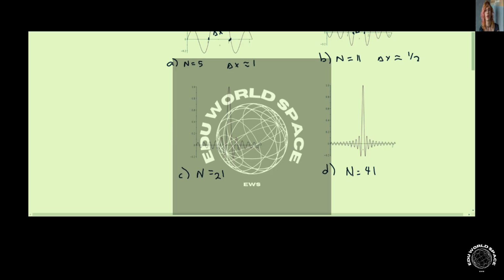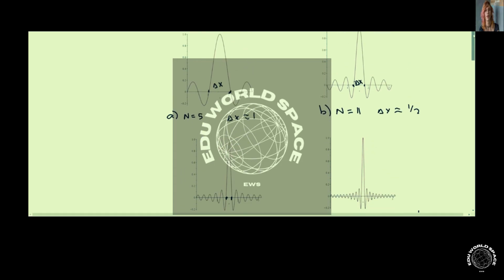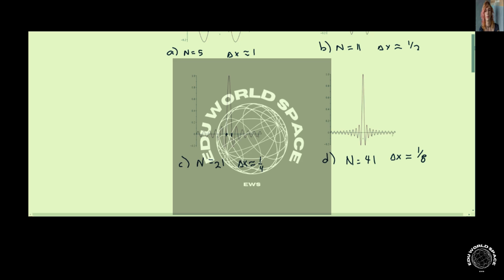Without measuring, it looks to be about 1/4 in the third picture. And we don't know for sure, but it definitely looks like it's about 1/8 in the last picture. These were all plotted pretty much on the same scale, so this is by eyeball comparison. Now, why is the uncertainty going down?